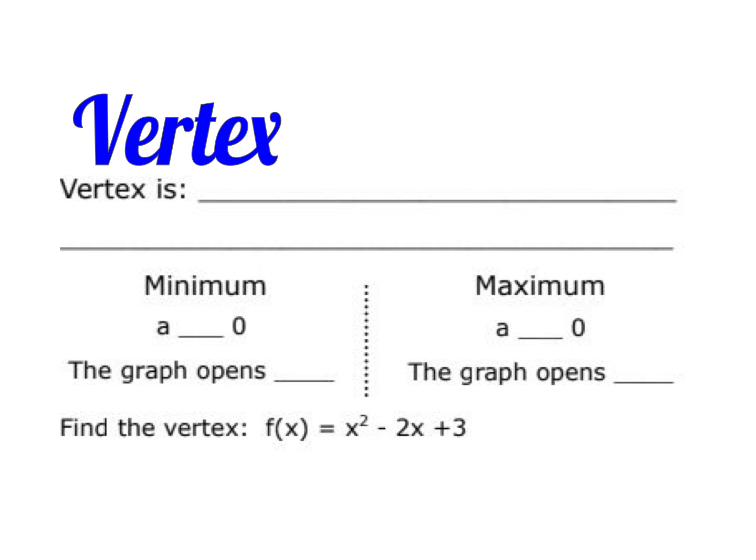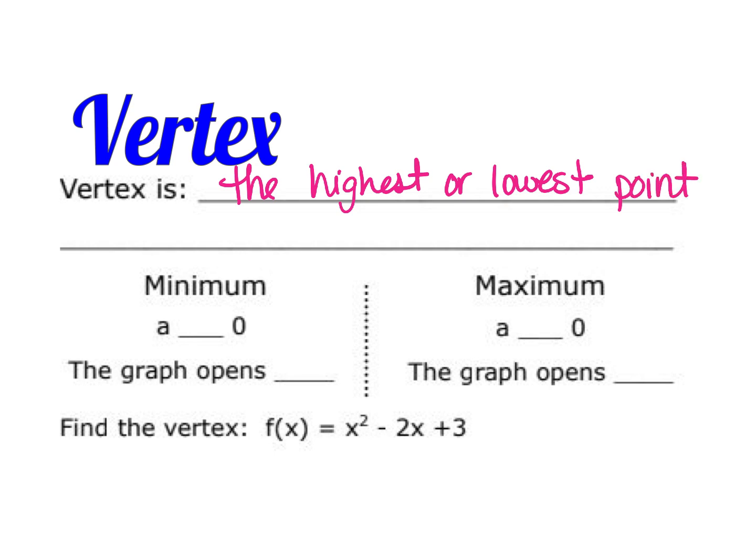All right, so now when we talk about the vertex, it is exactly what you think it is, but it's not technically a corner. You're usually taught a vertex is a corner. In this case, it's not a corner. It is the highest or lowest point on the parabola.